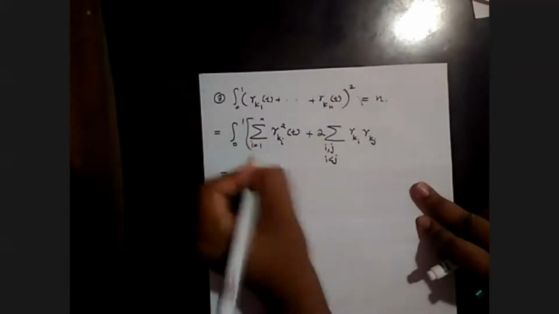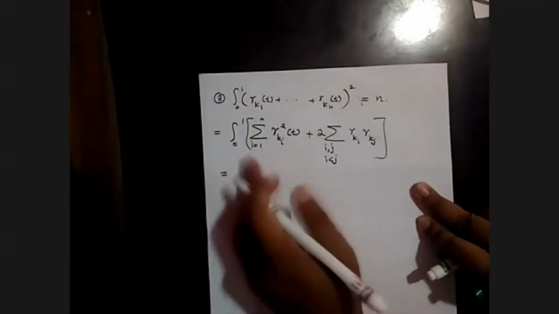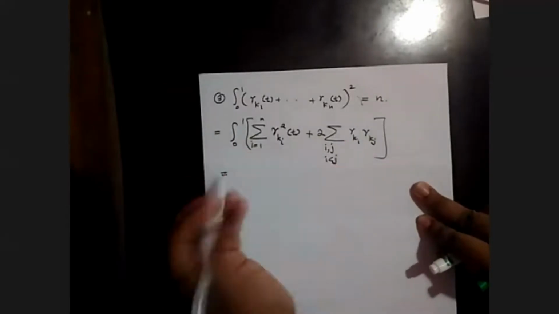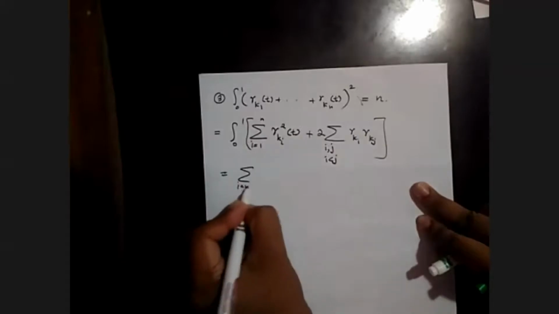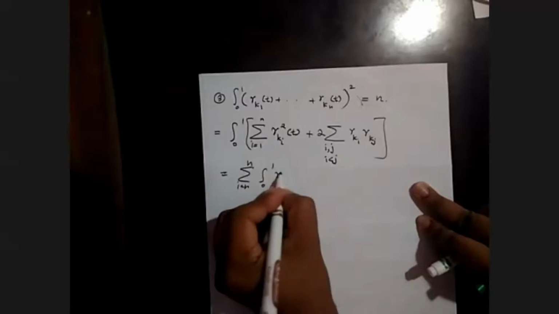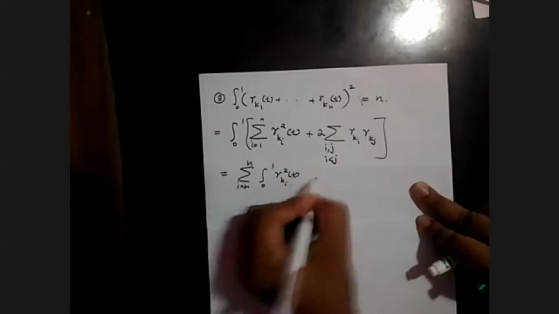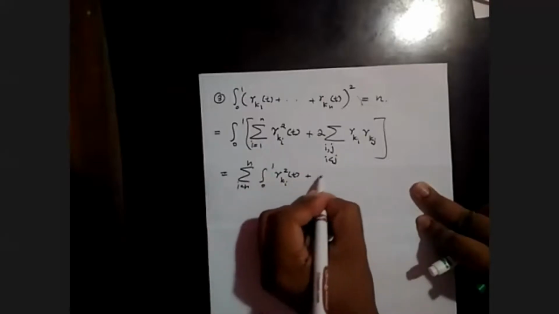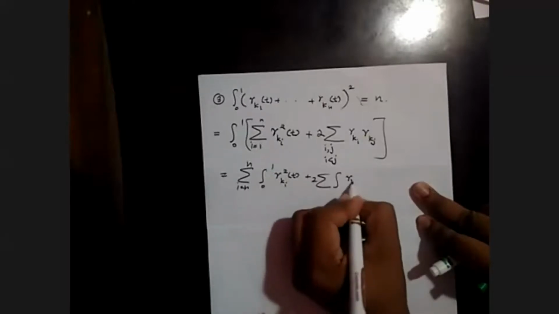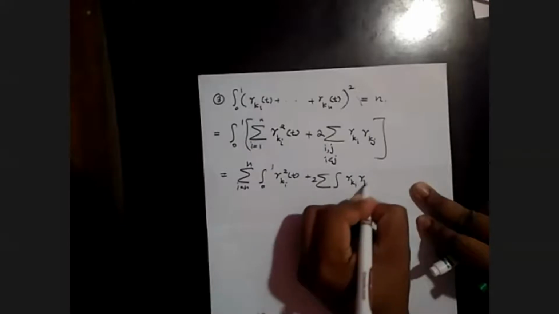Now I can split the integral into both of these sections, and since each of these are finite sums, I can take them out. So I will say the sum from 1 to n of the integral from 0 to 1 of r sub k_i squared dt, plus 2 times the sum of the integrals of r sub k_i r sub k_j.